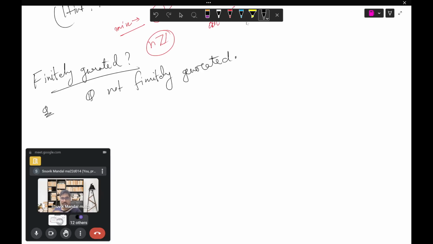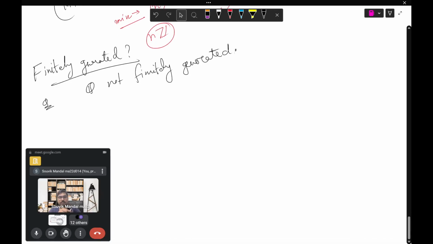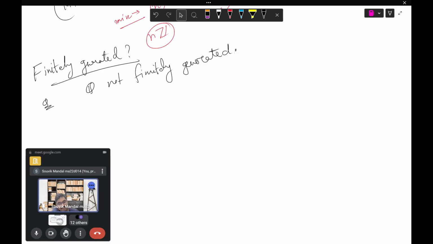Then 1 by s1 s2 up to sn, that is my candidate, cannot be generated by these, because if it is, then 1 is written as a... Why suddenly stop? Finish the whole argument.